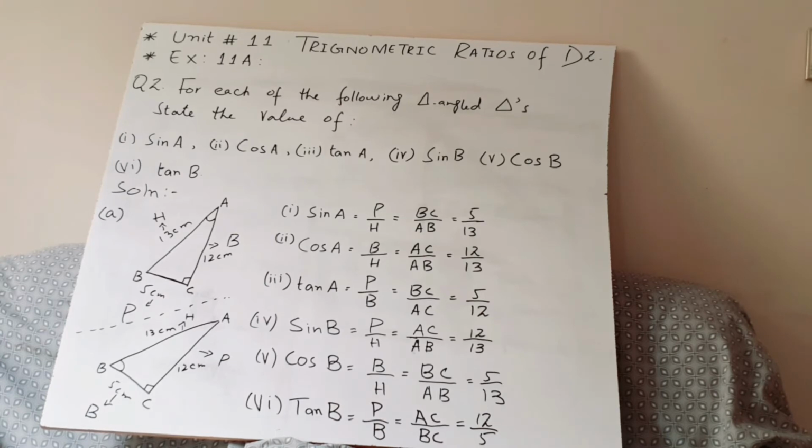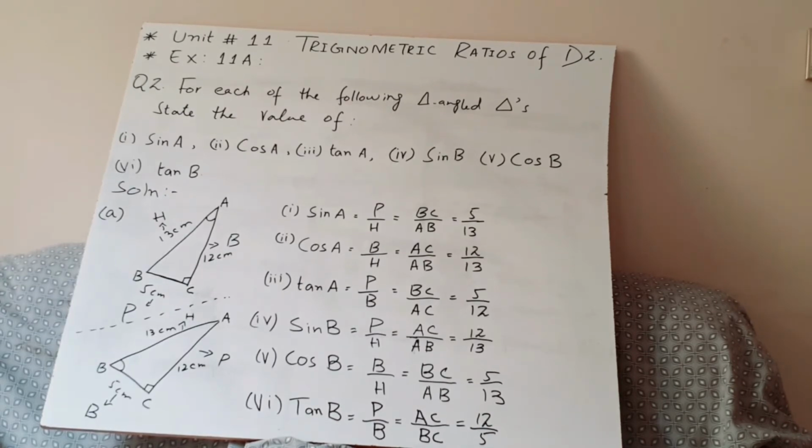In this triangle, the first thing we need to identify is perpendicular, base and hypotenuse. The hypotenuse is very easy to identify, because it is the side opposite to the right angle, which is at C, so AB is the hypotenuse.